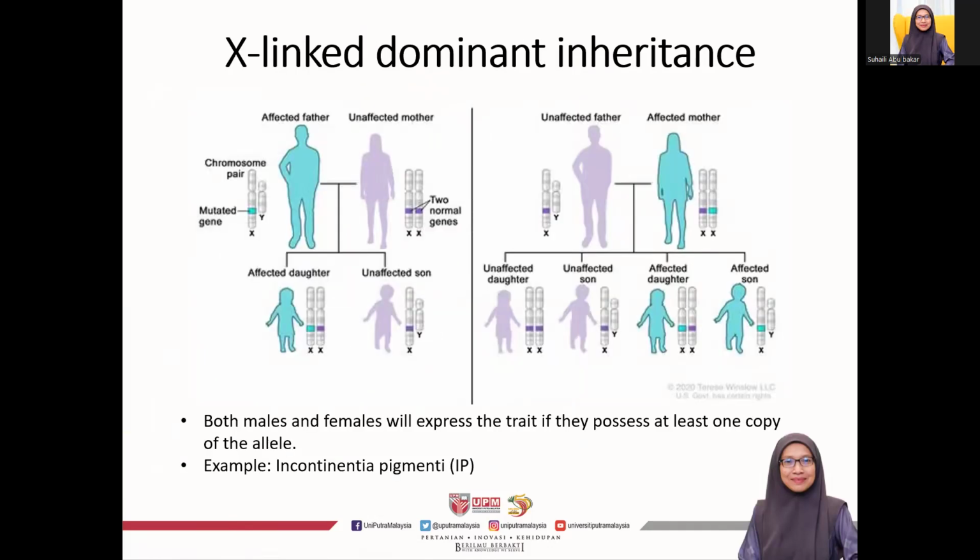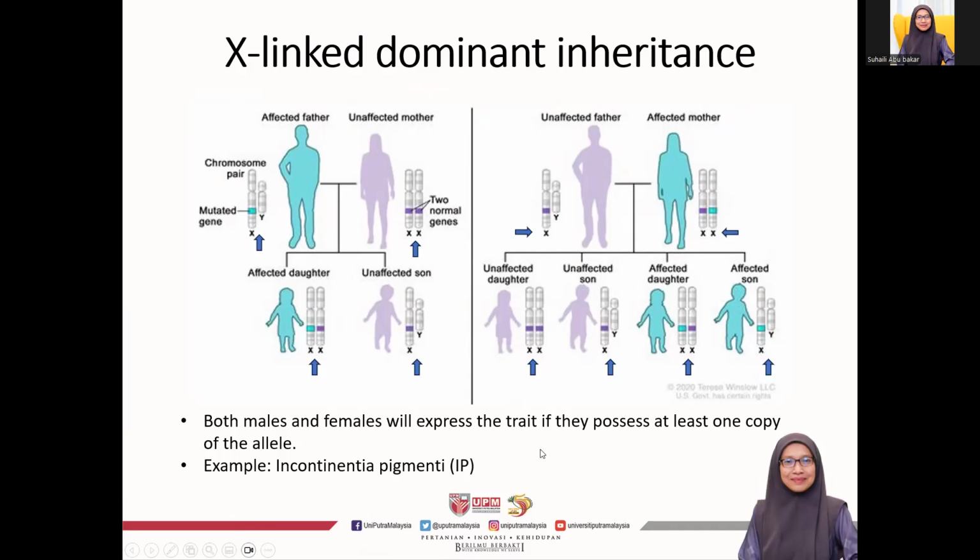Let's move to X-linked inheritance, where the traits carried on the X chromosome show how males and females are affected differently. And it can also be dominant or recessive, as I mentioned earlier. In this example, there is an affected father, an affected daughter, and this one unaffected, where the allele is on the X sex chromosome.